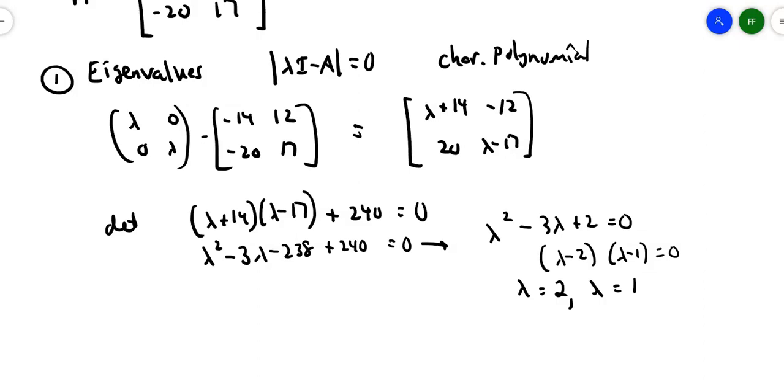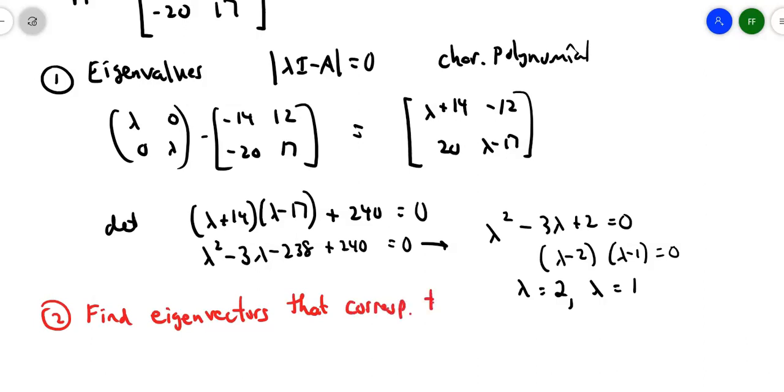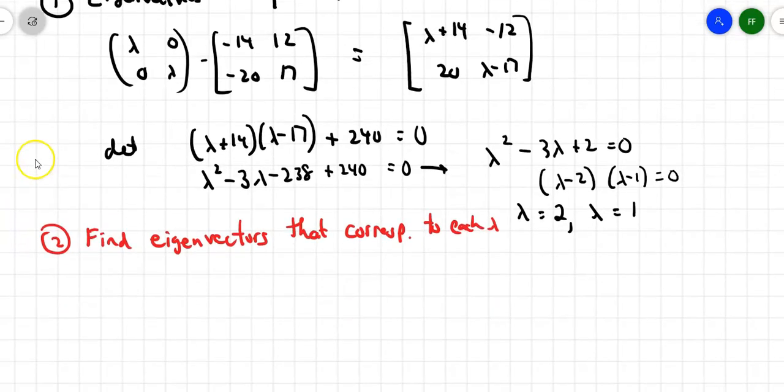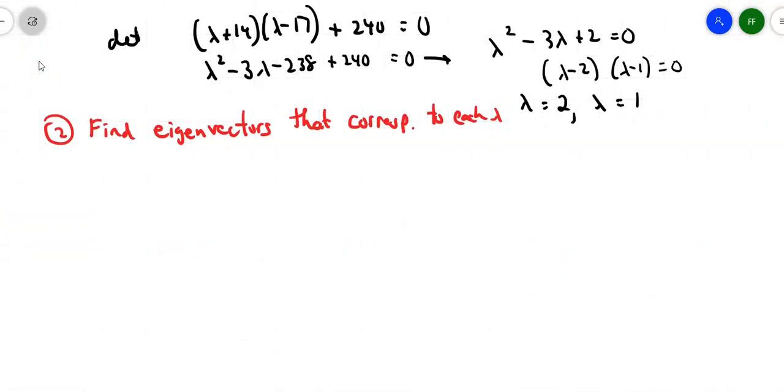Now the second step is find the eigenvectors that correspond to each lambda. All right, so this is where we do that lambda I minus A, and then we drop the zeros down the column because we're trying to set it equal to 0.